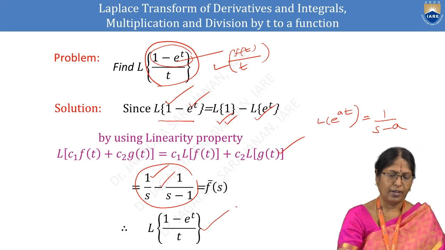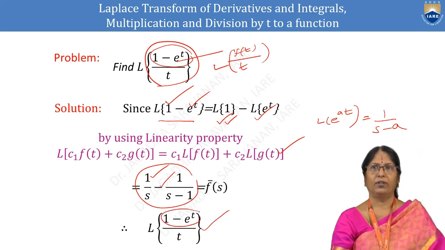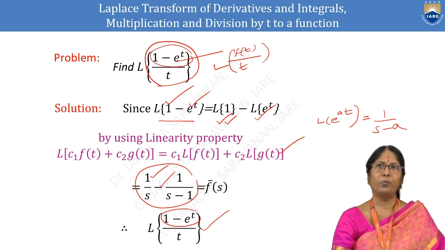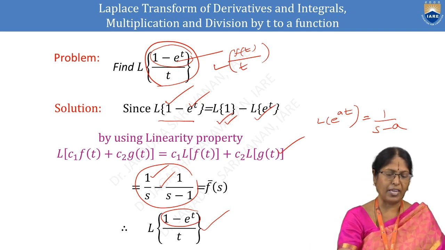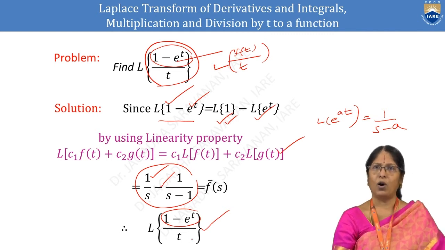That is L of that numerator, the problem numerator, 1 minus e power t divided by t. How to do it?